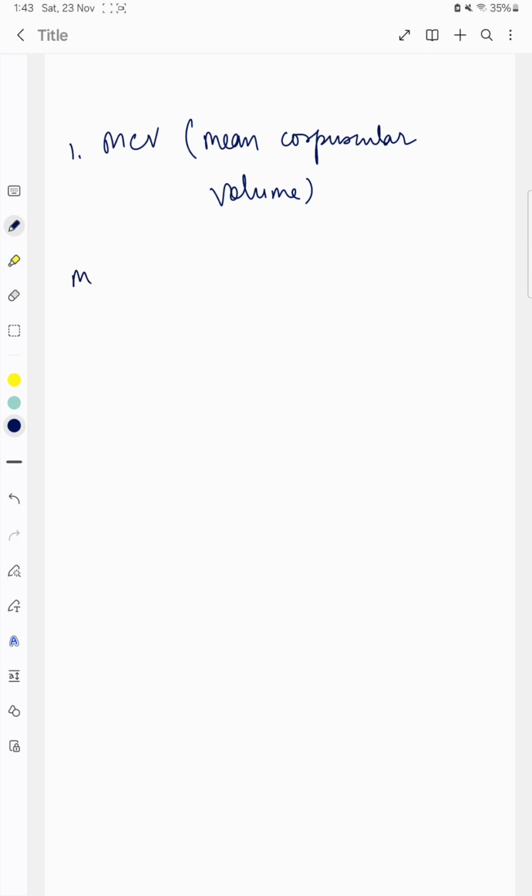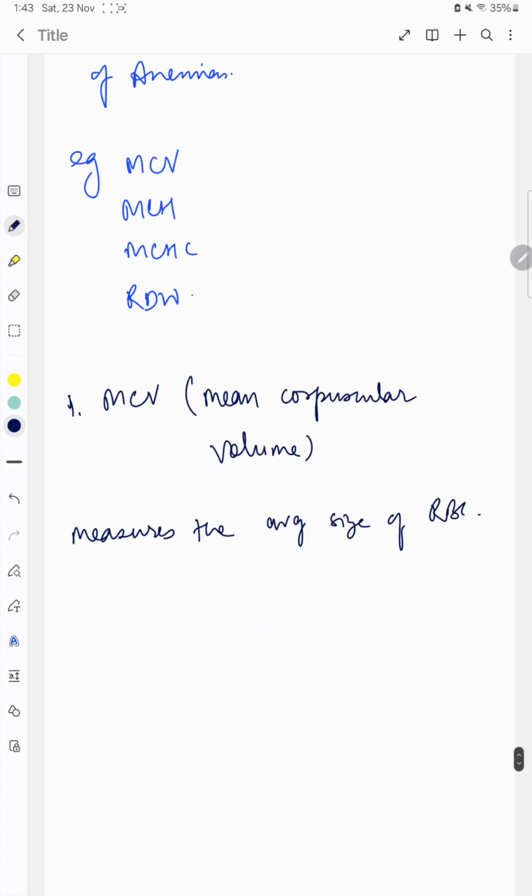It basically measures the average size of RBC. How do we calculate MCV?